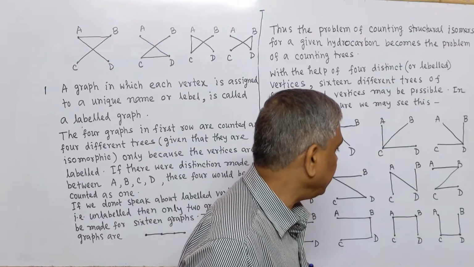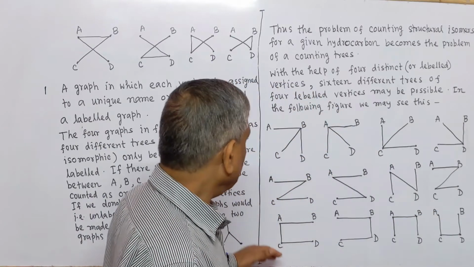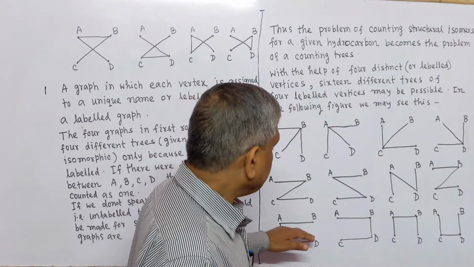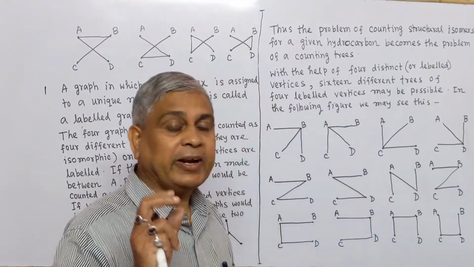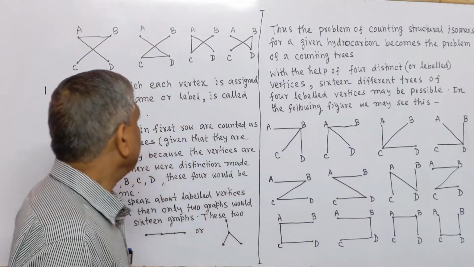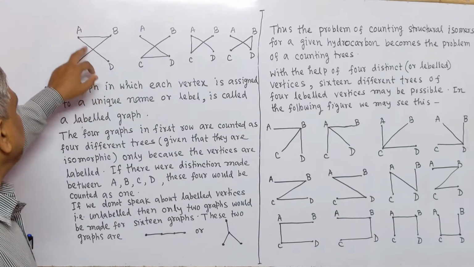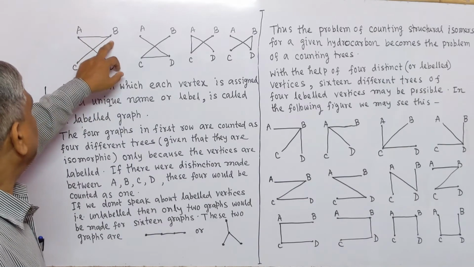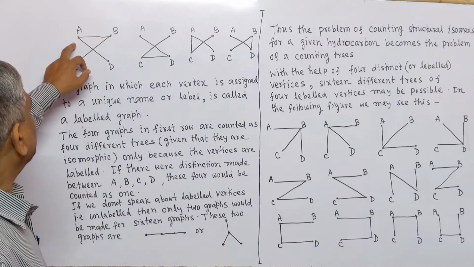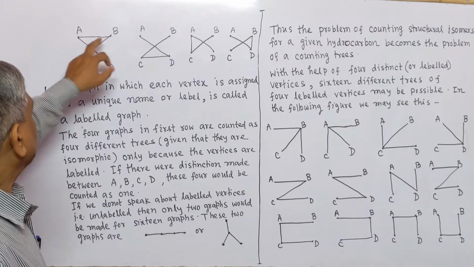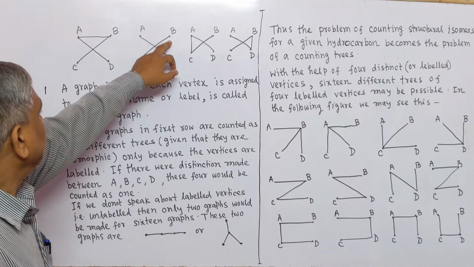Here A and B are not connected. So, in the third row, we get 4 different graphs. In fourth row, we see that here A and B are of degree 2. Here A and B are degree 1.